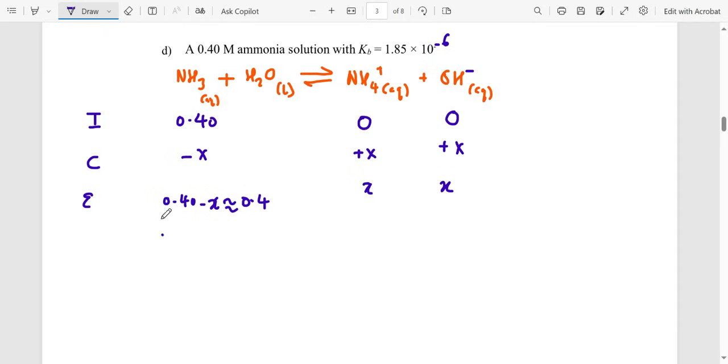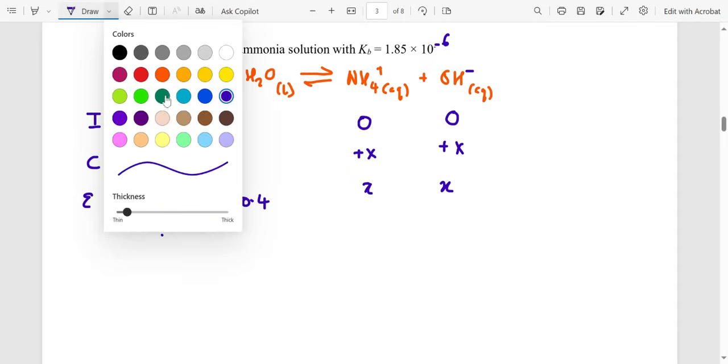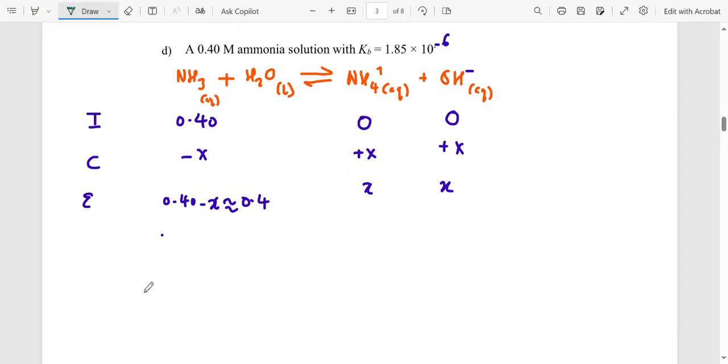So at this point now you can use the equilibrium expression. We'll say Kb, the base dissociation constant, is equal to the concentration of the product on our balanced equation, that is ammonium, multiplied by the concentration of hydroxide, divided by the concentration of ammonia.